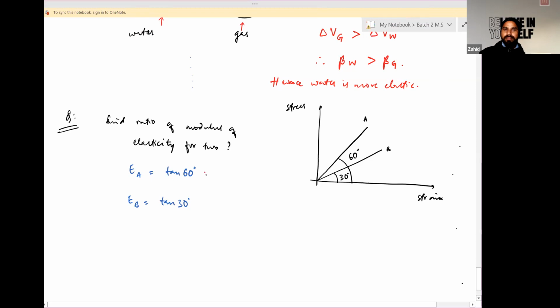Tan of 60 degrees equals root 3, and tan of 30 degrees equals 1 by root 3. So on dividing these two terms, root 3 will move to the numerator. So EA divided by EB equals root 3 into root 3 divided by 1. That will be 3:1.